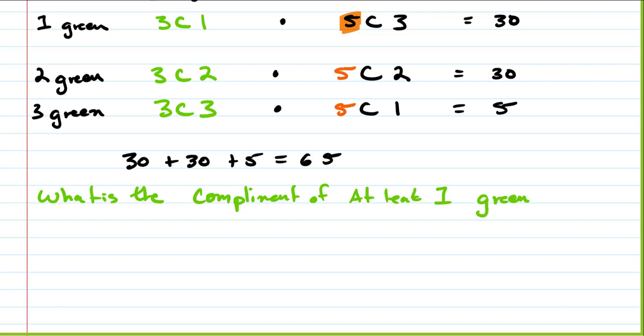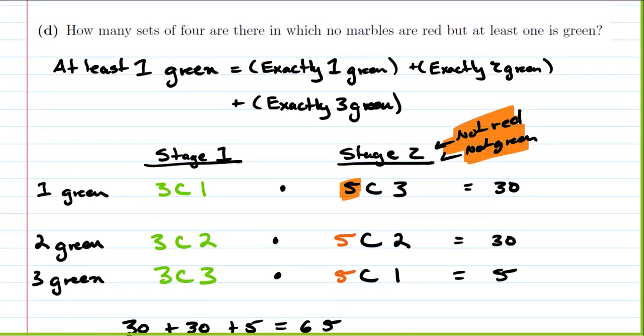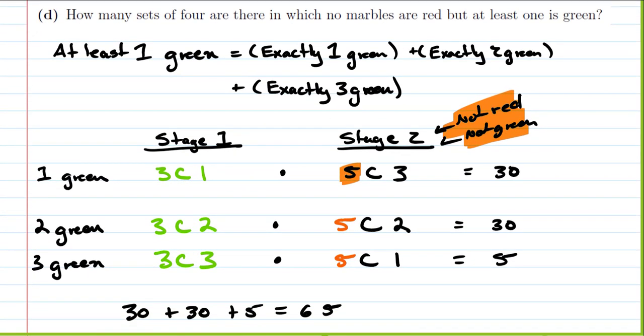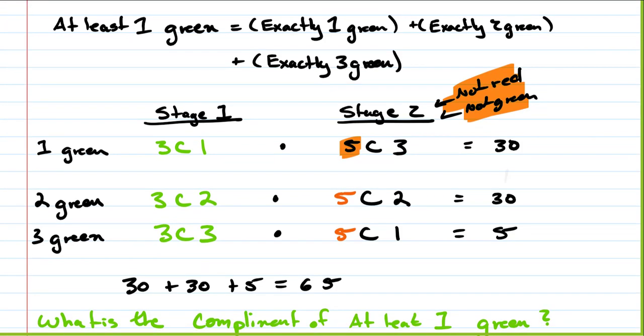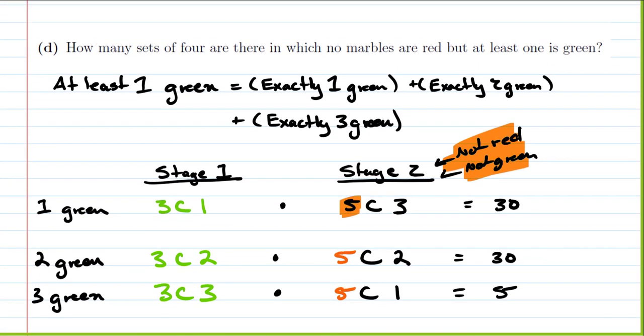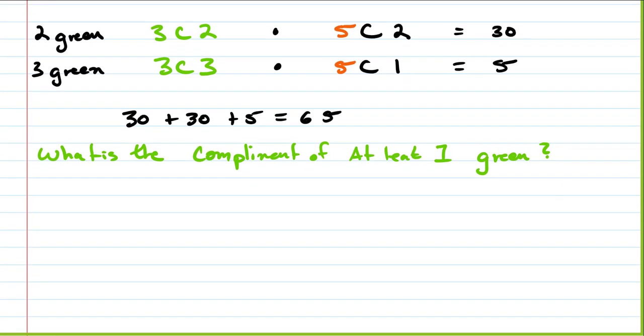So when we said at least one green, that was exactly one green, exactly 2 green, or exactly 3 green. So the complement of at least one green is no green.